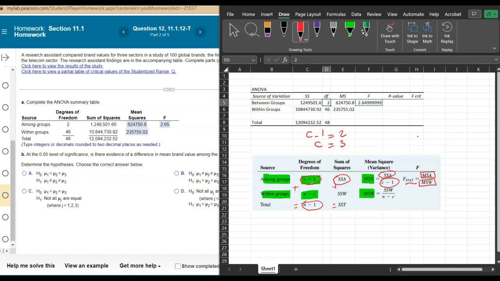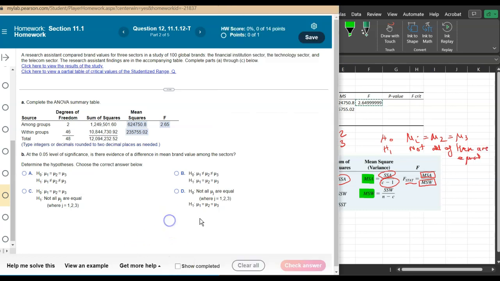So we are supposed to have mu1, mu2, and mu3 only. The null hypothesis would be this one, and H1, again, is that not all of them are equal. So the best choice should be, I think, C.